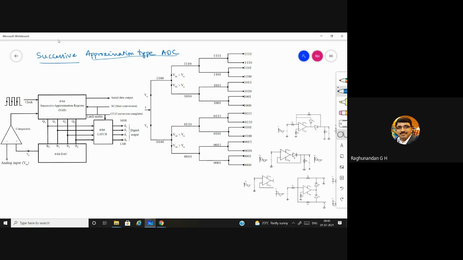It will keep on computing it. So once its value is equal to analog input value, then only it is going to give the output.